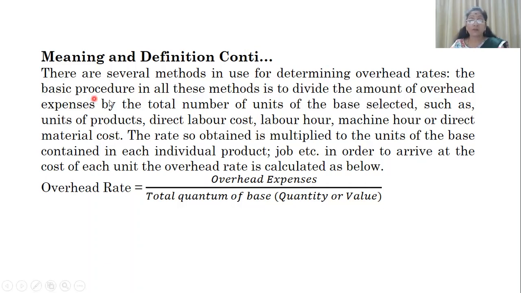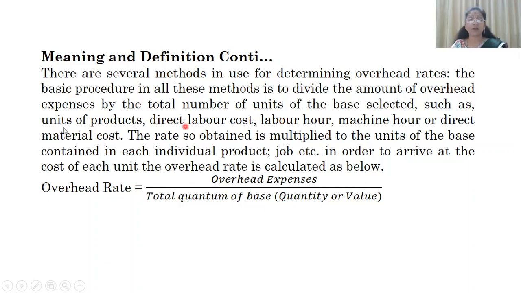The basic procedure in all these methods is to divide the amount of overhead expenses by the total number of units of the base selected, such as units of products, direct labor cost, labor hour, machine hour, or direct material cost. These are the bases for calculating overhead rates.